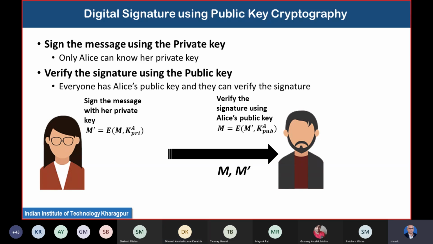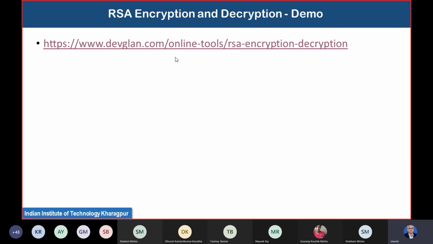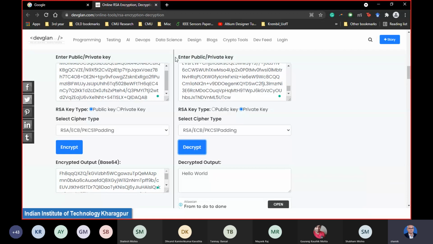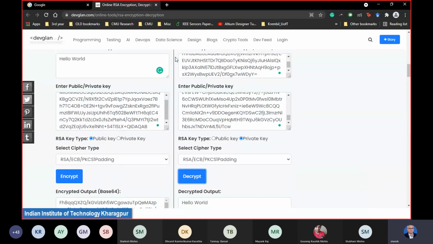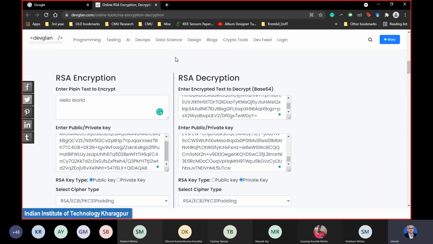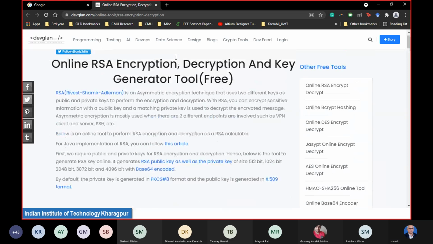Very good question. Now I will again quickly show you what happens for a digital signature. Here I have generated the public key and private key.